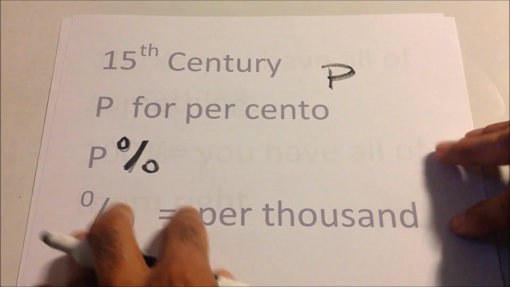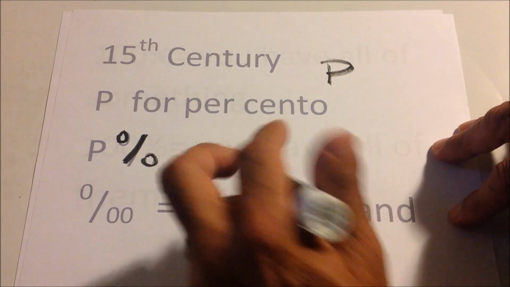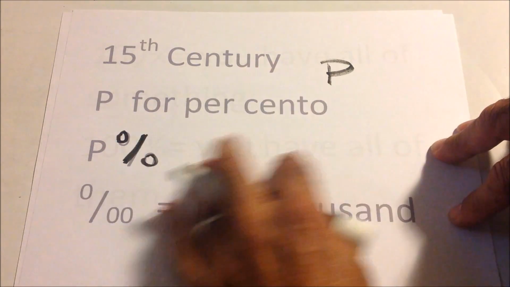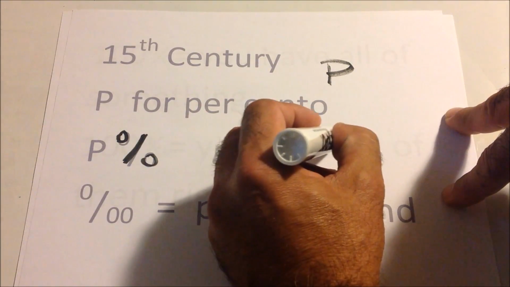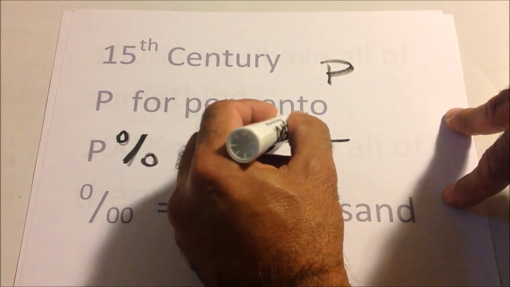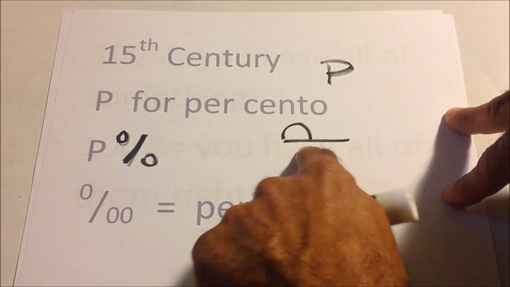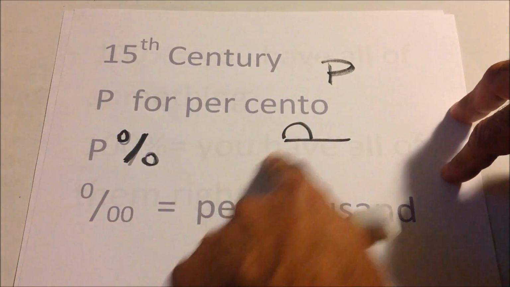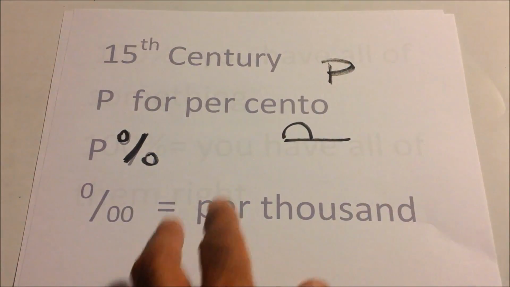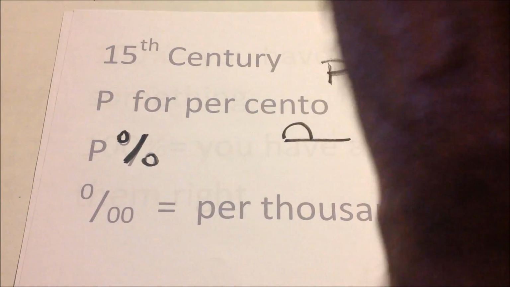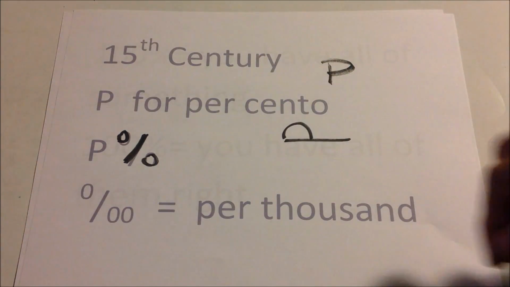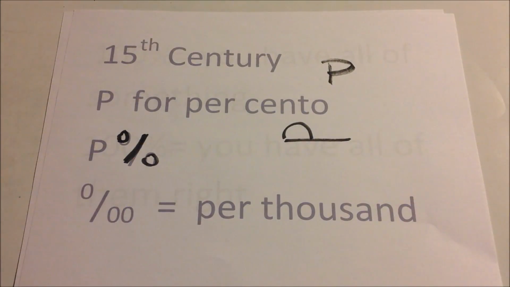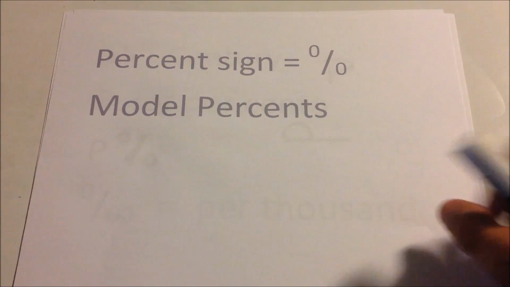Some historians thought that when someone was writing this, at one point the P was somehow put upside down, but no one knows if that's true or not. And they got that symbol. So we're not 100% sure. 100% sure means you know exactly that that's right. So we know the percent sign, and today we're going to model percents.